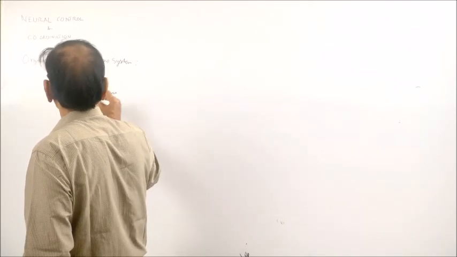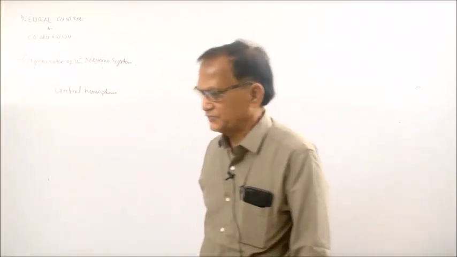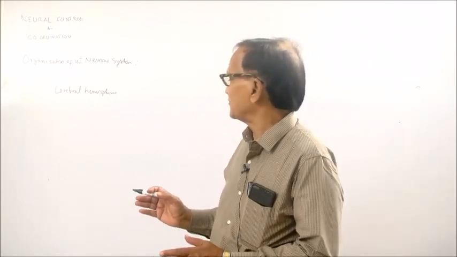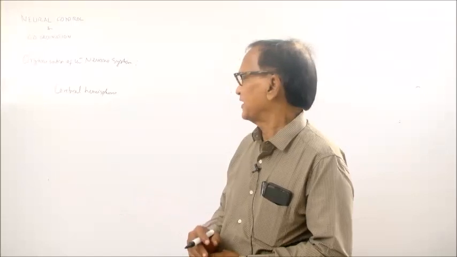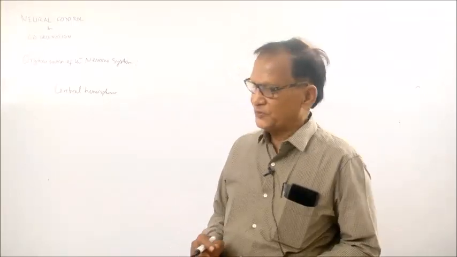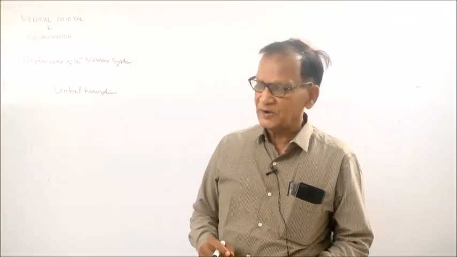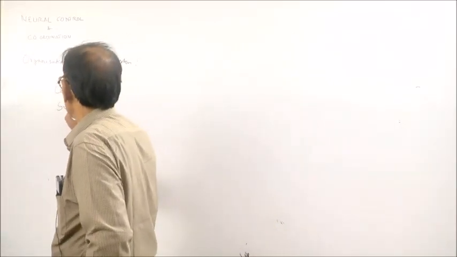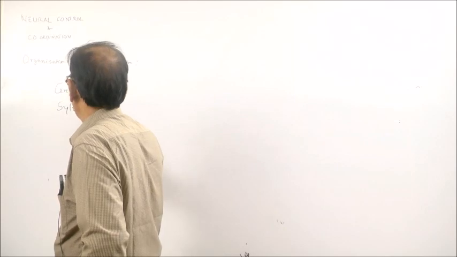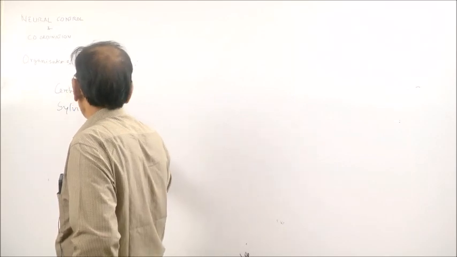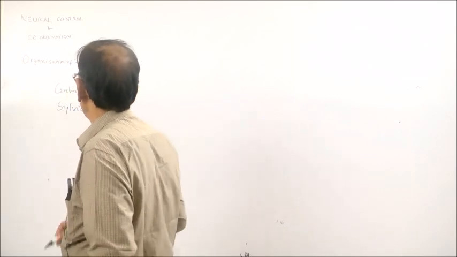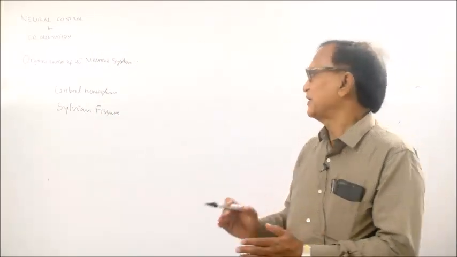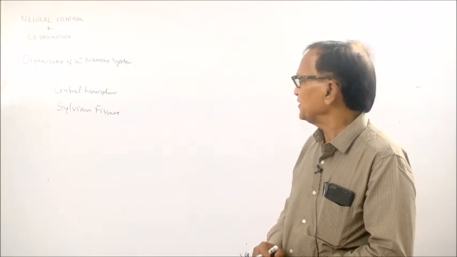In fact, there is a division in the center that divides the cerebrum into two halves, left and right. That partition is called Sylvian fissure. So, this Sylvian fissure divides the cerebrum into a left and a right cerebral hemisphere.